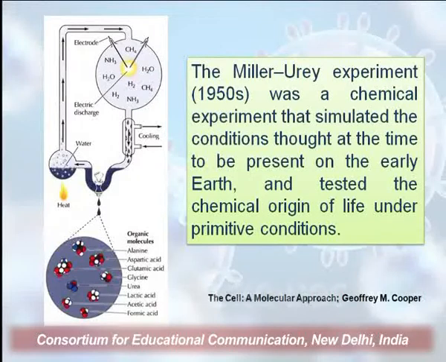Now, in the U-shaped tube, under heat conditions and an electrode spark, certain biomolecules were created which form the fundamentals of life on Earth. Organic molecules, including a number of amino acids like alanine, aspartic acid, glutamic acid and glycine, were formed, along with urea, lactic acid, and various other acids which form the fundamental structures for the creation of the first cell under primitive conditions.